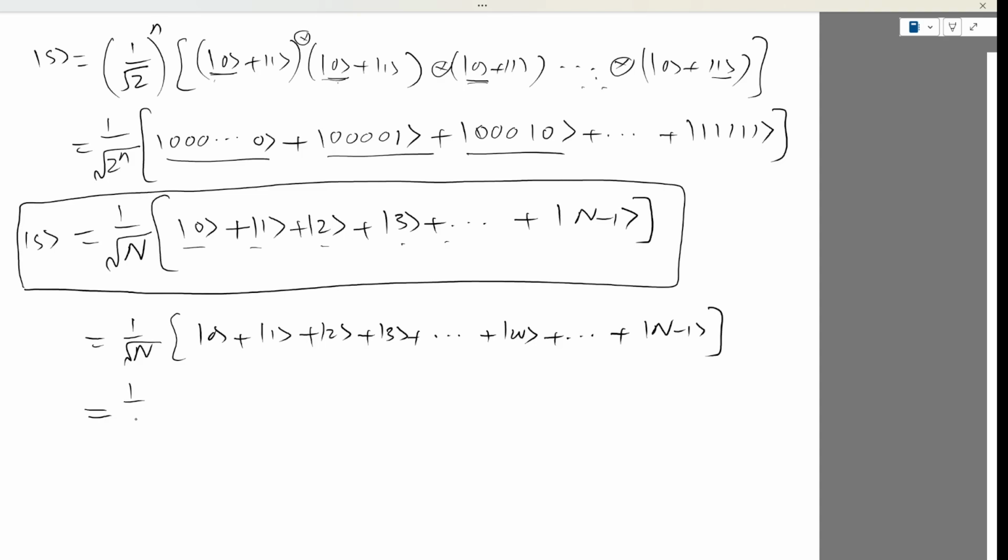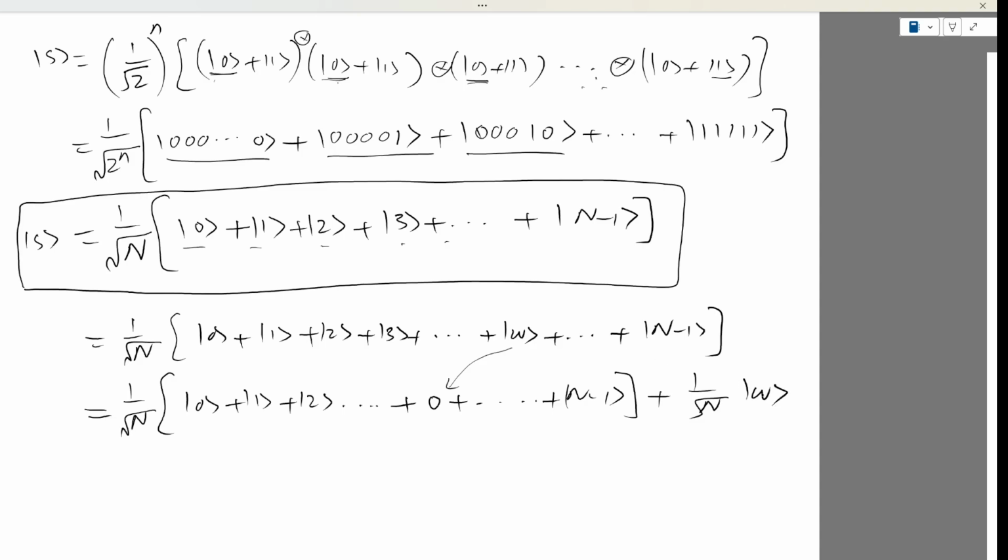So I'm putting 0 in place here, and then N minus 1, and this W I'm just writing separately, and we don't have to forget this 1 over square root of N that is here. So basically I took the W out from here and wrote it separately.